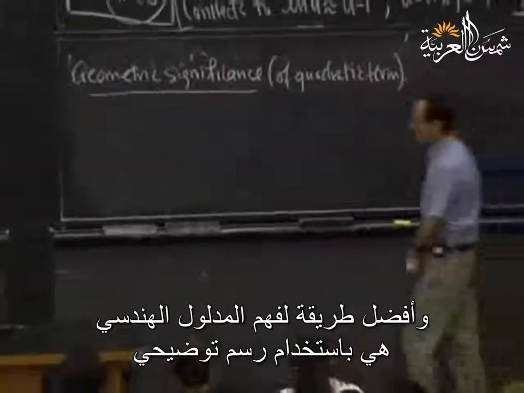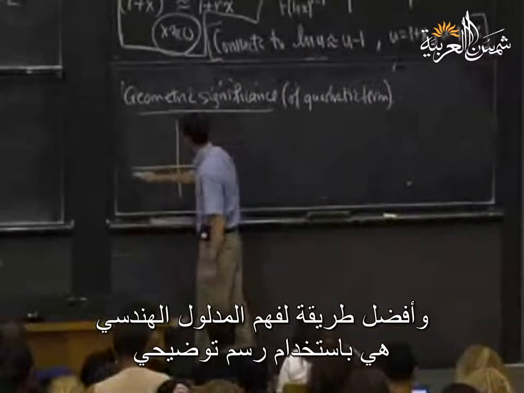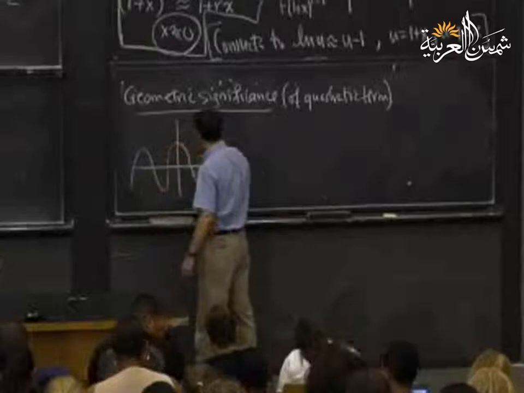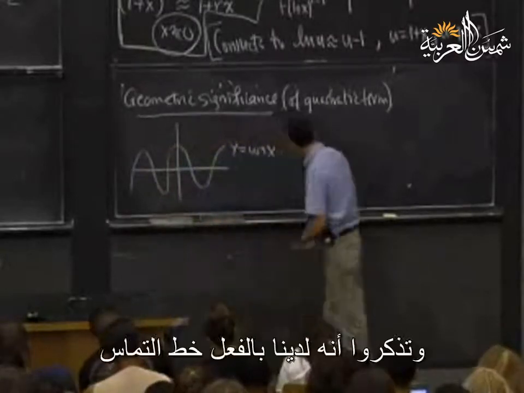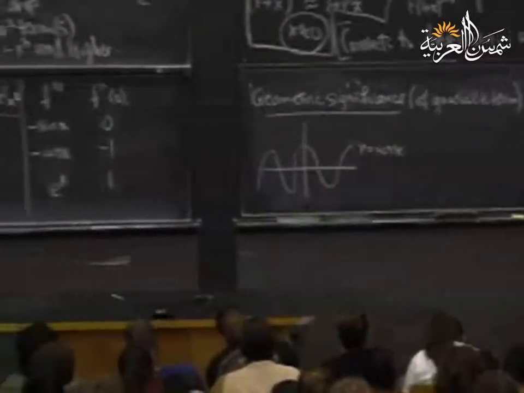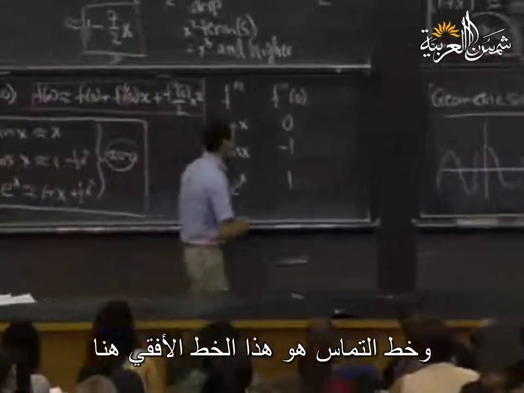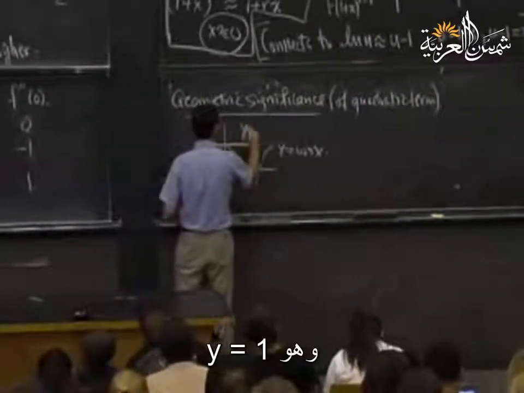So the geometric significance is best to describe just by drawing a picture here. And I'm going to draw the picture of the cosine function. And remember, we already had the tangent line. So the tangent line was this horizontal here. All right, and that was y equals 1.